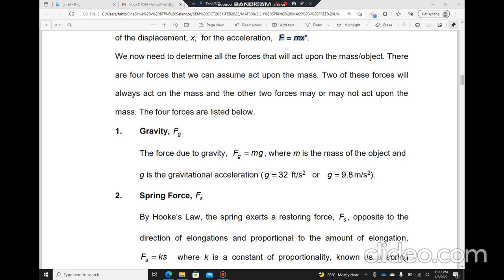Since we know the force formula is F equals mx double prime, we have 4 types of forces: 2 that always act, and another 2 that may or may not act. So we look at them one by one.